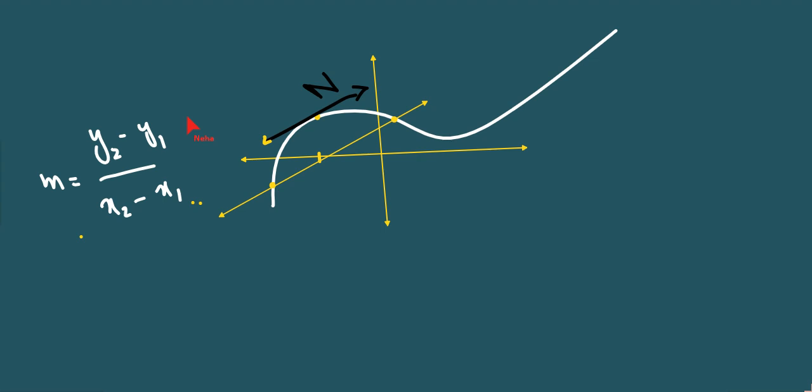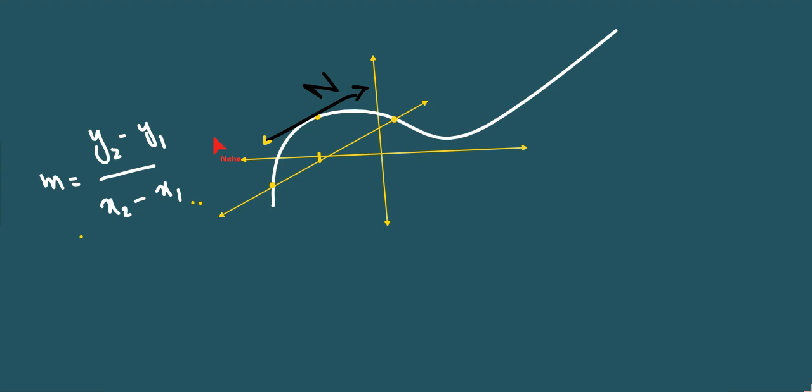So I get the rate of change, and that would be the slope, or gradient.